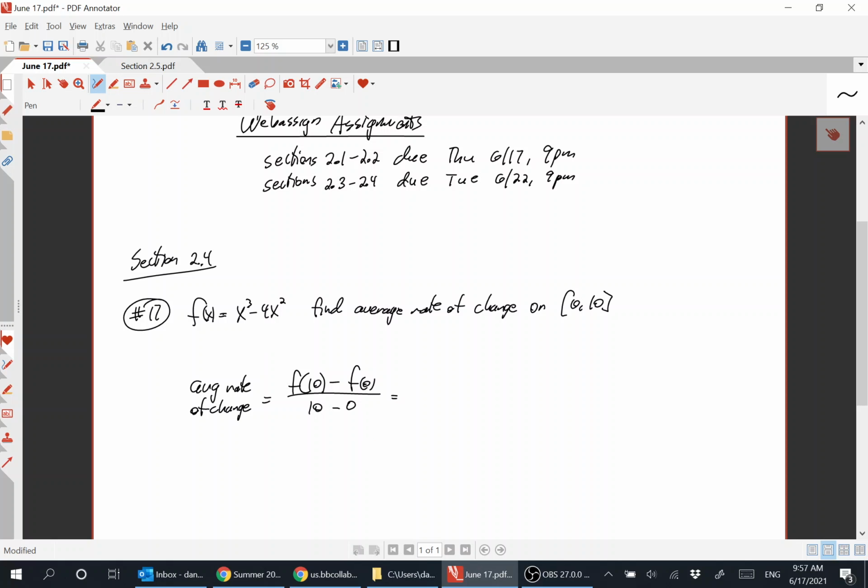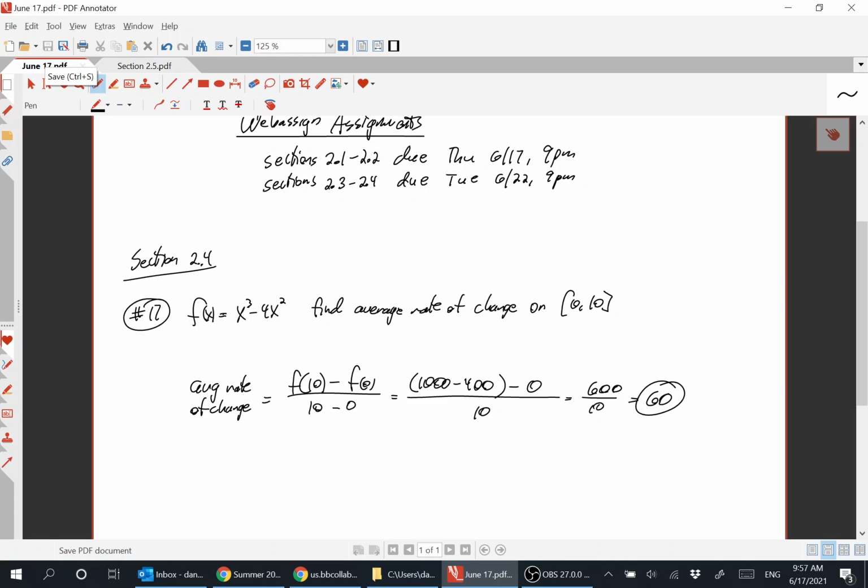So f of 10 is 1,000 minus 400, minus f of 0, which is 0, over 10. So 600 over 10, so it's 60. Okay? So problem 18 is just like that.